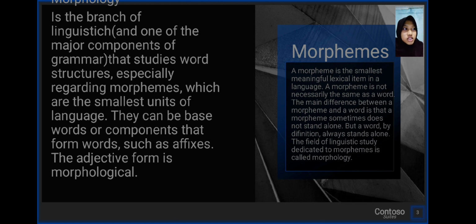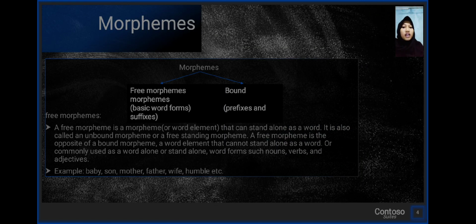The main difference between a morpheme and a word is that a morpheme sometimes does not stand alone, but a word, by definition, always stands alone. The field of linguistic study dedicated to morphemes is called morphology. Well, that was the definition of morphology and morphemes.